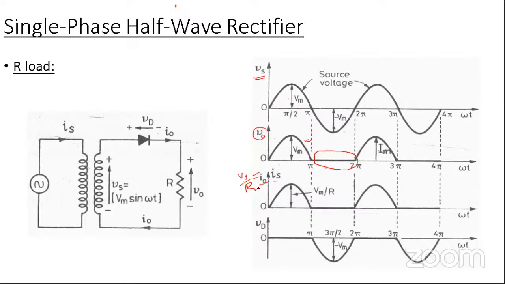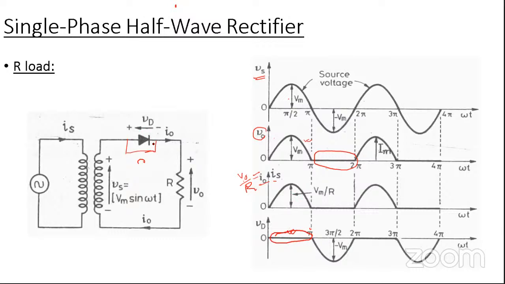Okay. And now, if I want to draw the voltage across the diode, in the positive half, or forward bias condition, the diode is in forward bias, meaning you have to consider that part as a short circuited path. So in these conditions, what is the voltage across the diode? Voltage across the diode is 0. That is why in the positive half the voltage across the diode is 0. But in the negative half, what will happen?